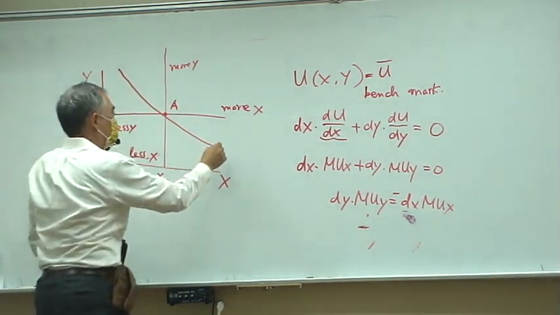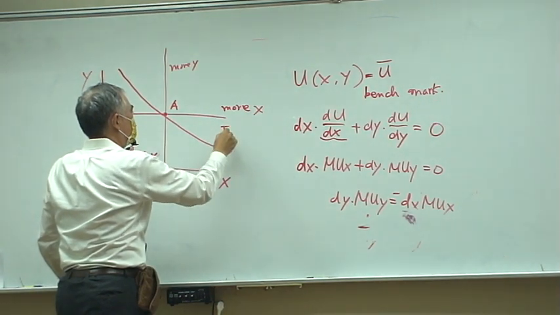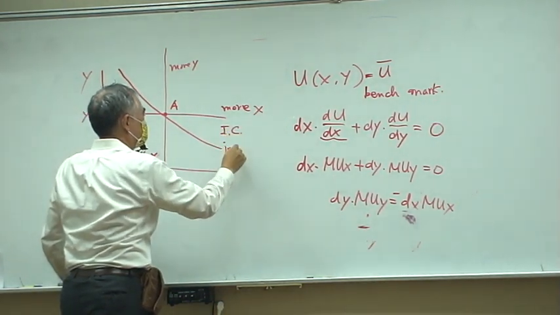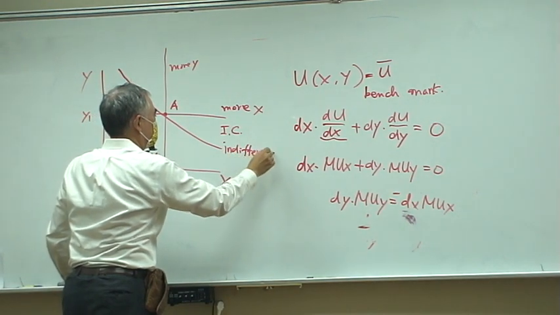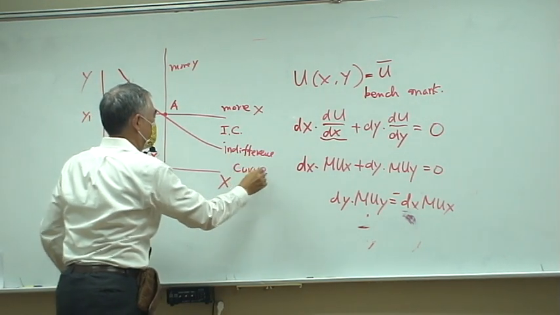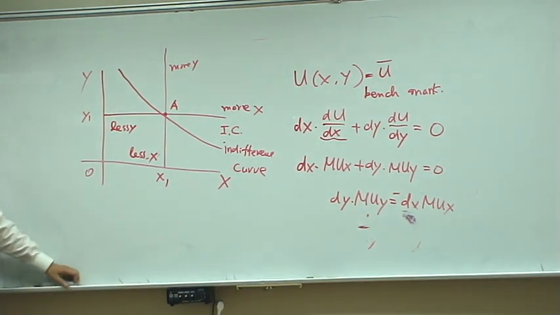And this is what we call the indifference curve, abbreviated as IC. Indifference curve. And what does this mean? Because we want to measure how satisfied you are when you change your consumption bundles.